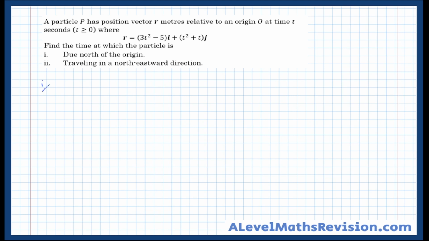So part 1. Well, it's talking now about the position of the particle. The particle is itself due north of the origin. So if this is the origin here, the particle has a position that's due north of it. So when it has position due north of the origin, we know that the x-coordinate, i.e. this bit here, is 0.